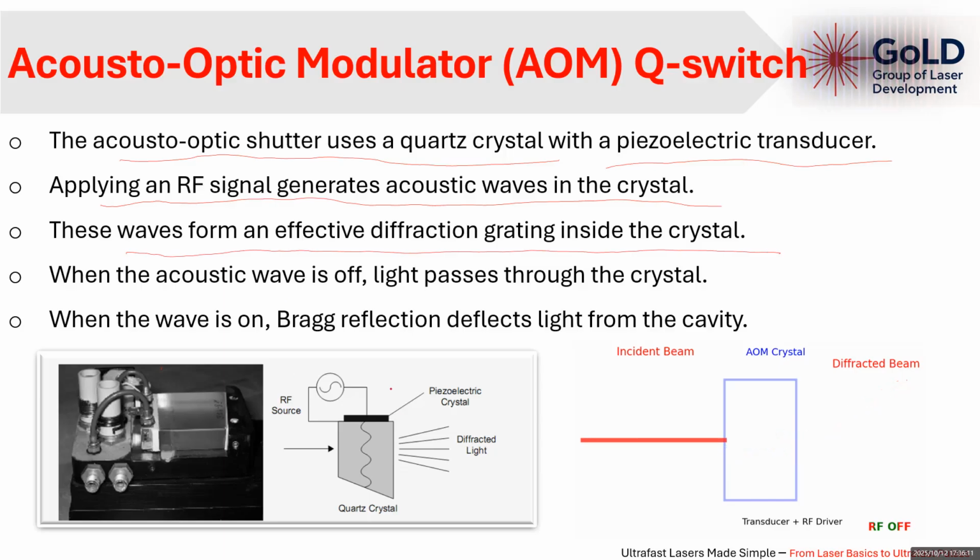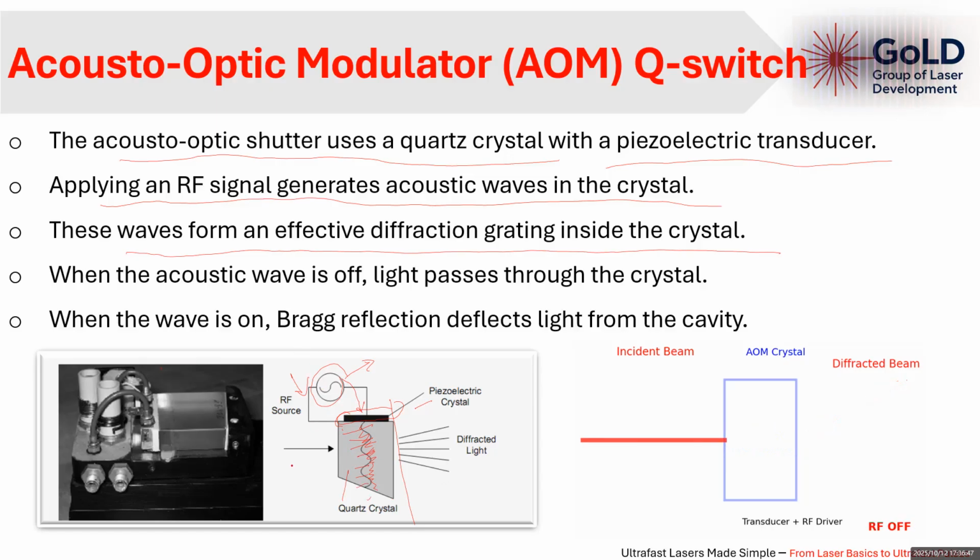Here, this is your piezoelectric crystal or transducer, you can say, and the RF signal is connected to this one. This transducer is vibrating with the same frequency as whatever frequency we are getting from this RF source. And this is your quartz crystal, and in this quartz crystal some kind of waves are generated, and the quartz crystal behaves like a grating because of these waves.